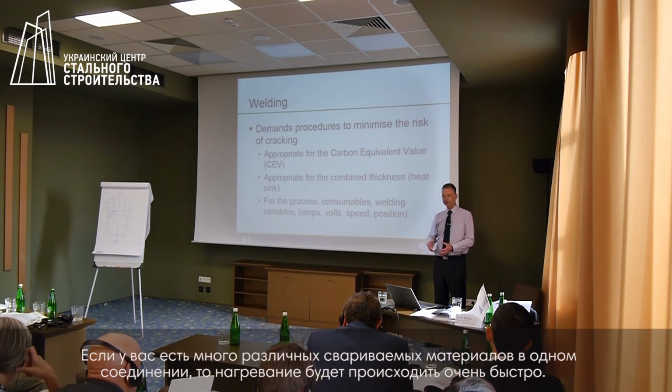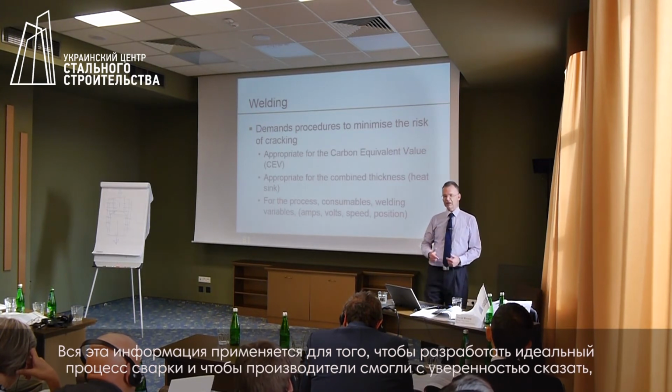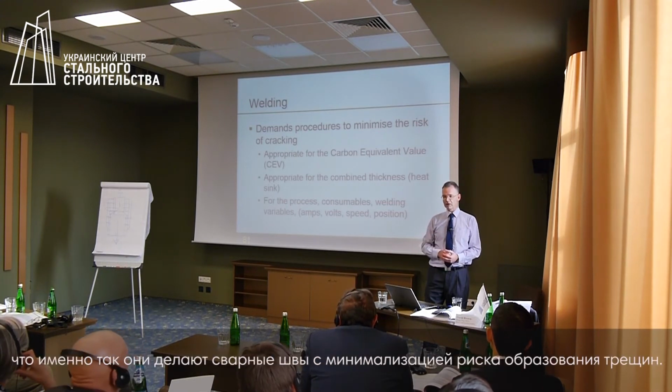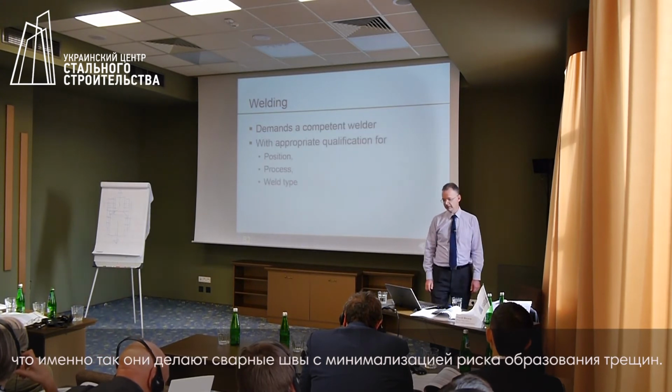Because if you have lots of material, then the heat will escape very fast. So all these bits of information go towards creating a weld procedure for the steelwork fabricator to say, that's how I'm going to create the weld so that I minimise the risk of brittle fracture.